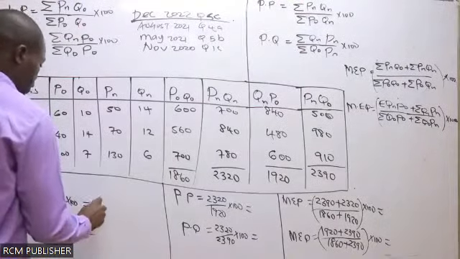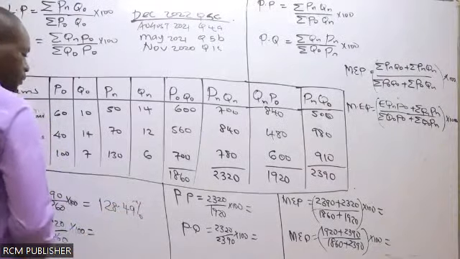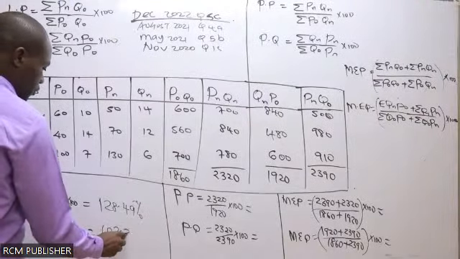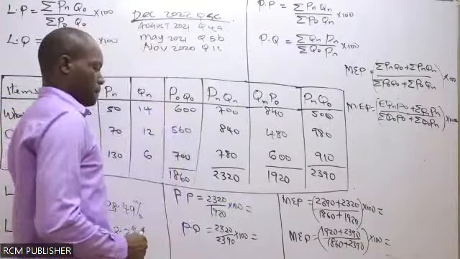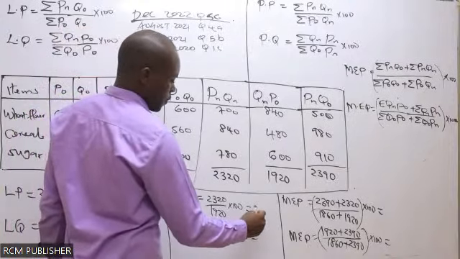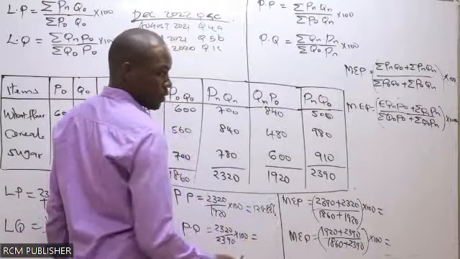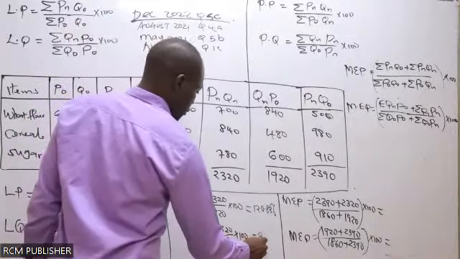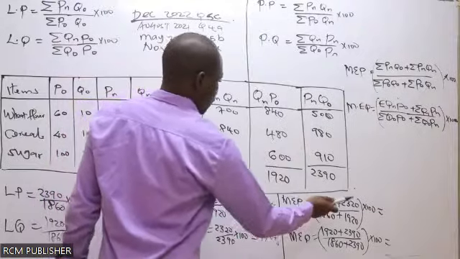Then 103.23%. PP is 120.83%. And this one, 97.07.